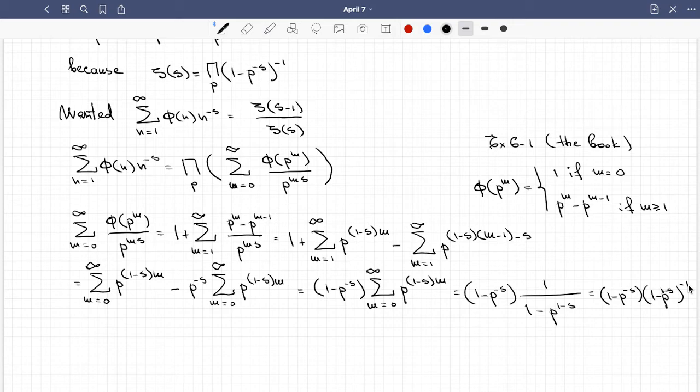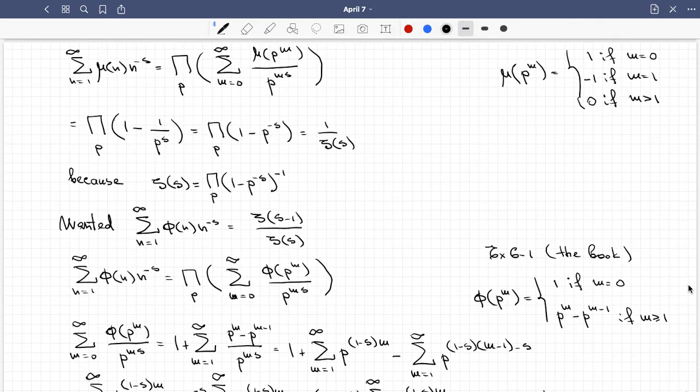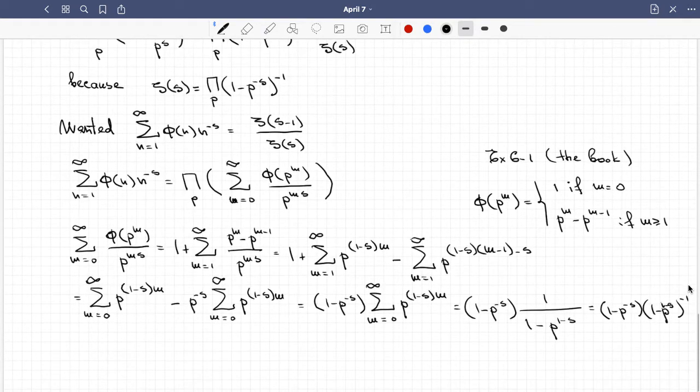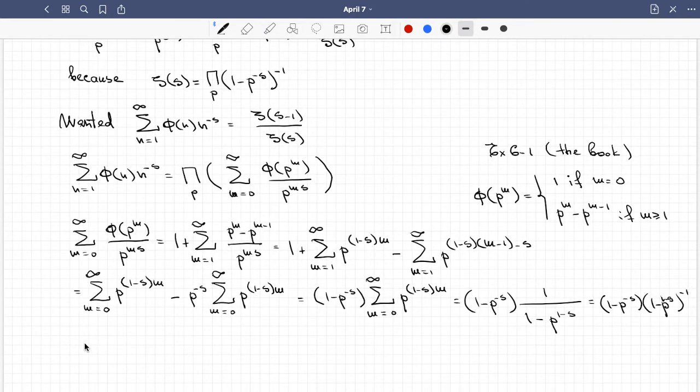Now it becomes clear that the product over all primes of these sums, which we just calculated, is equal to the product over all primes.